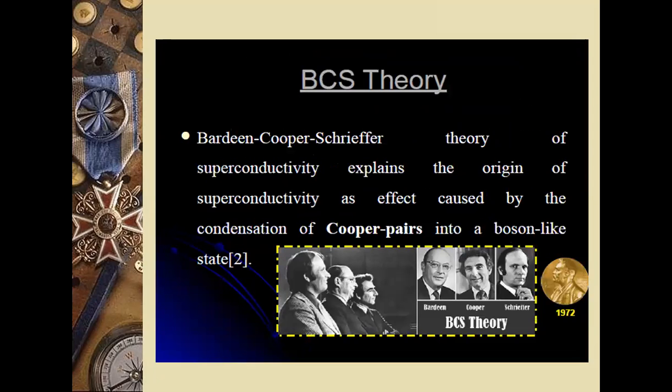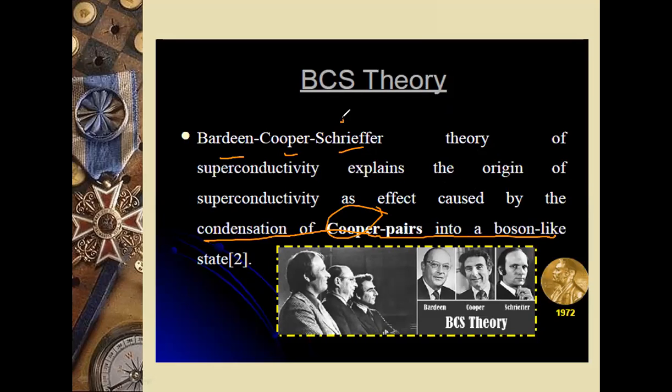As I mentioned, these are the three great scientists, Bardeen, Cooper, Schrieffer. Their theory explains the microscopic origin of superconductivity with the help of condensation of Cooper pairs into boson-like particles.